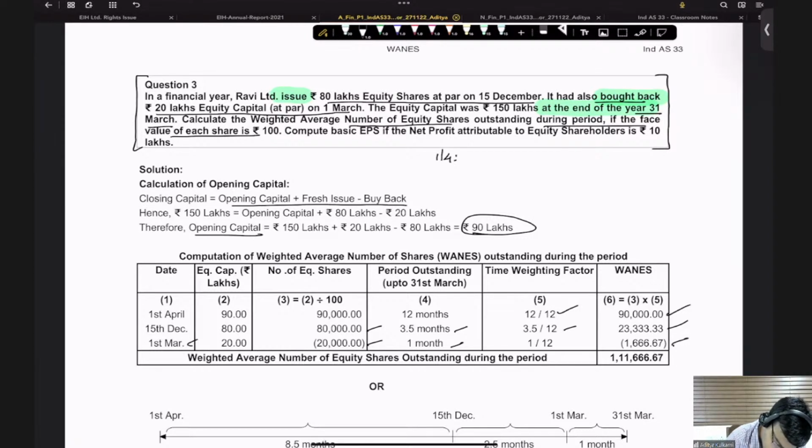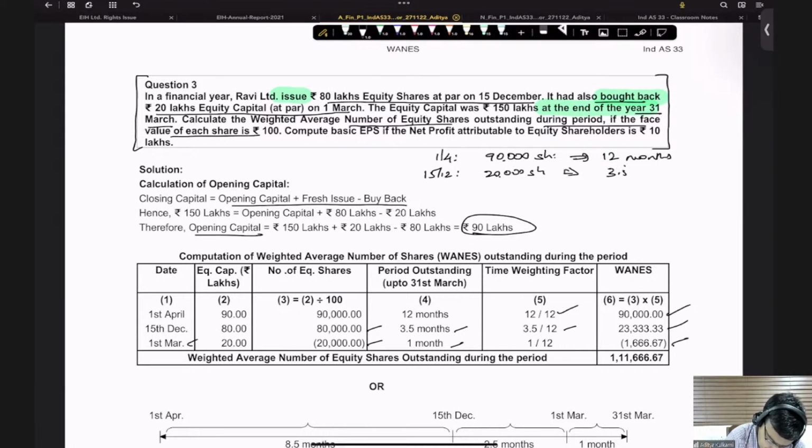On 1st April, I had 90 lakh shares or 90,000 shares. These shares were in existence for the entire 12-month period. So into 12 by 12, no doubt in this. On 15th December, 20 lakhs, that means 20,000 shares.